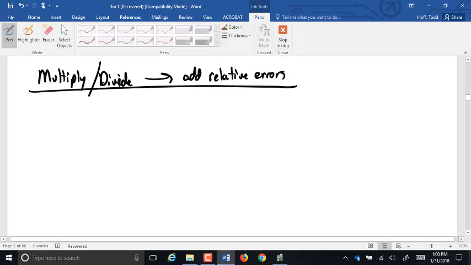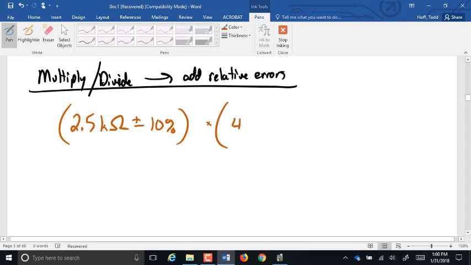For example, let's say that we are going to have 2.5 kilo ohms plus or minus 10%, and 4 amps plus or minus 20%.